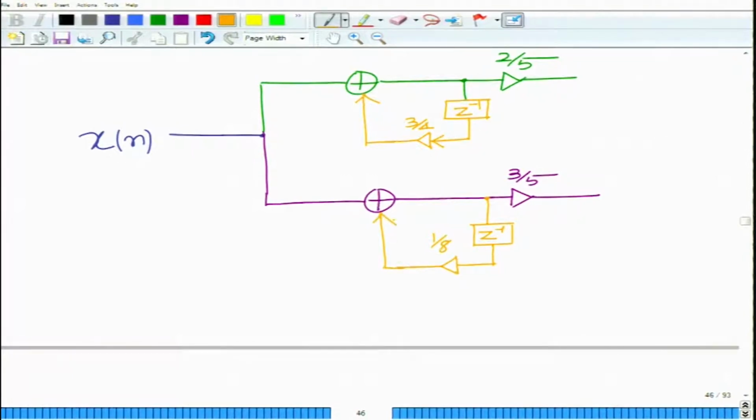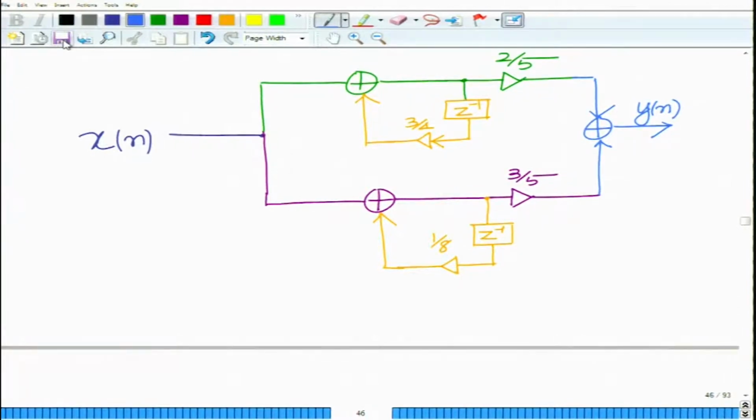And therefore, now we have to add the outputs of both the branches. So, we have an adder and the output will be y of n.